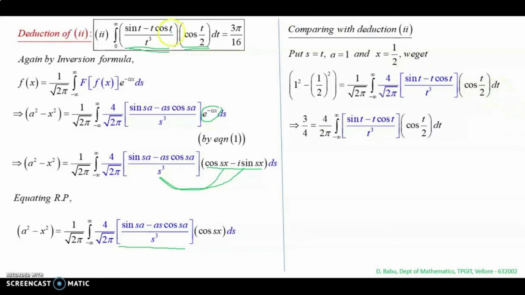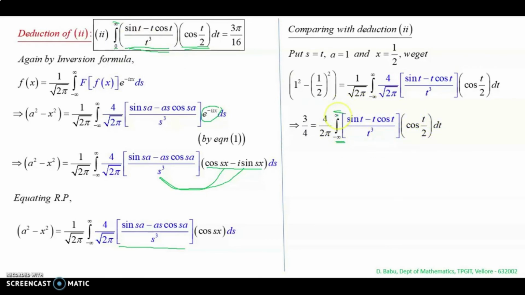So now again, look at the limits. We need the limit 0 to infinity, but here the limit is minus infinity to plus infinity. Therefore, we change minus infinity to plus infinity into 0 to infinity. Note that this is an even function.